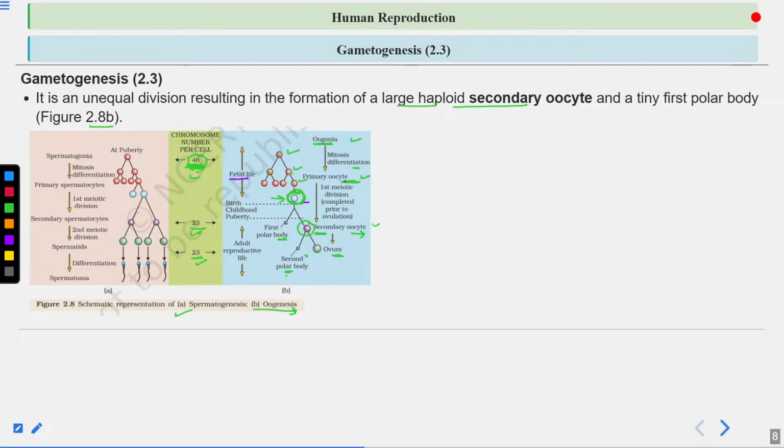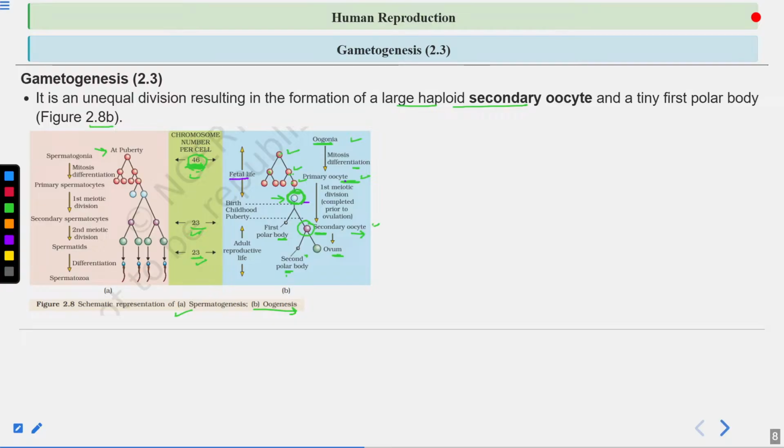So you can see oogenesis is quite complex as compared to spermatogenesis. If we compare spermatogenesis to oogenesis, spermatogenesis starts at puberty, when the primary sex organs, the testes in males, become active. They start producing hormones, androgens, specifically testosterone.